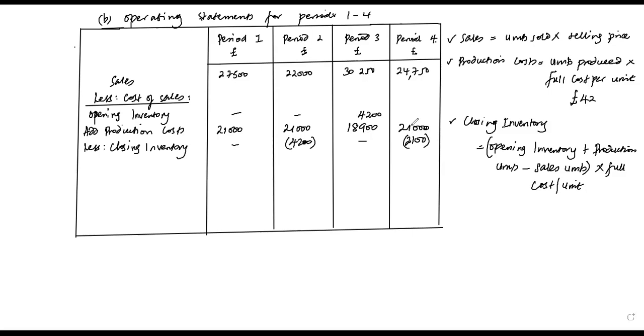But now one thing you need to know under absorption costing is that there is always over or under absorption of production overheads. So we have to show that over or under absorption, the over or under absorbed overheads.